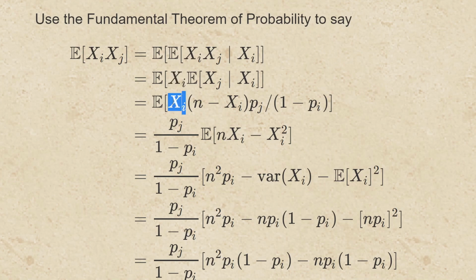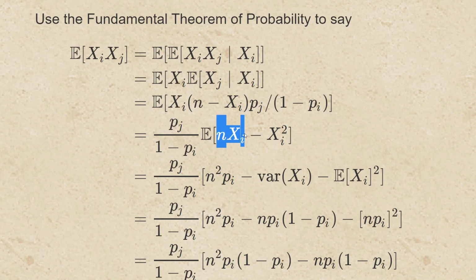The x sub i comes along for the ride, and the expected number of experiments that go to j, given how many experiments went to i, is going to be n minus x sub i times p sub j divided by 1 minus p sub i.